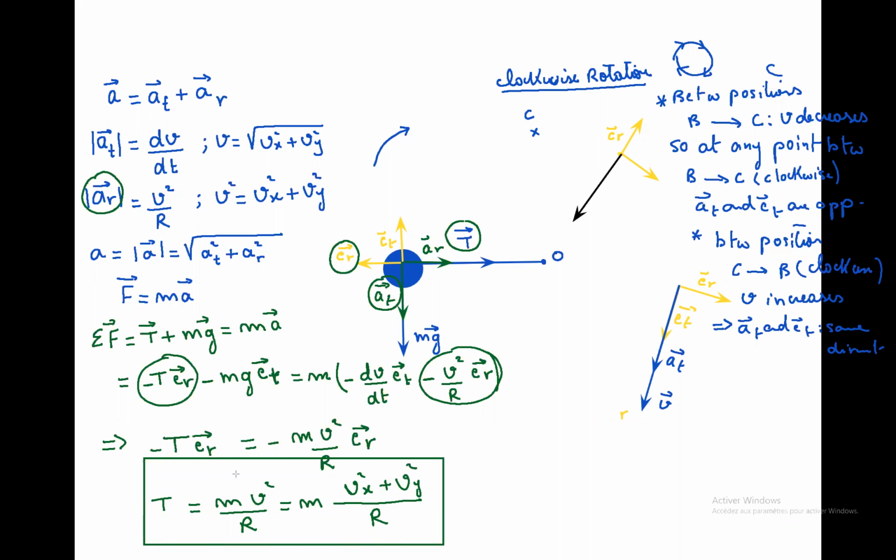Okay, now we take in function of et. We have in function of et, we have this one equal this one. We can write here, we can say minus mg et equal minus m dv divided by dt et.